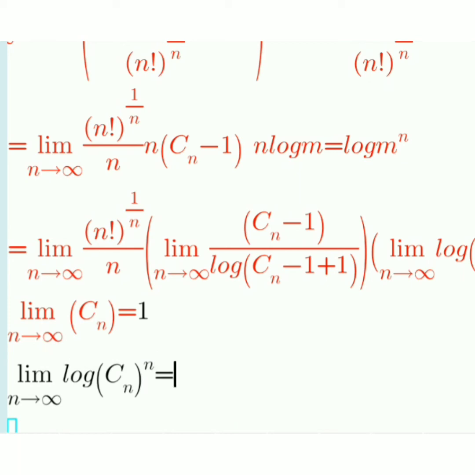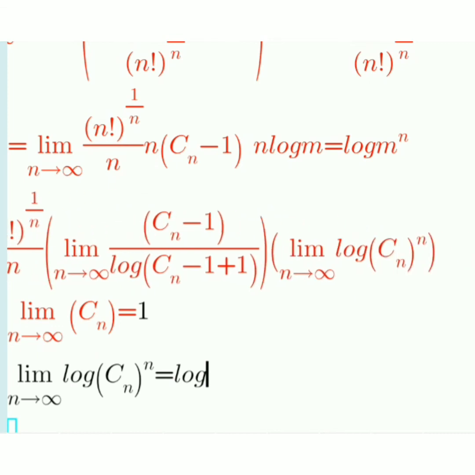Now I will discuss that it is log of Cn whole to the power n. Cn whole to the power n means log. Here I will write limit n tends to infinity of log Cn.